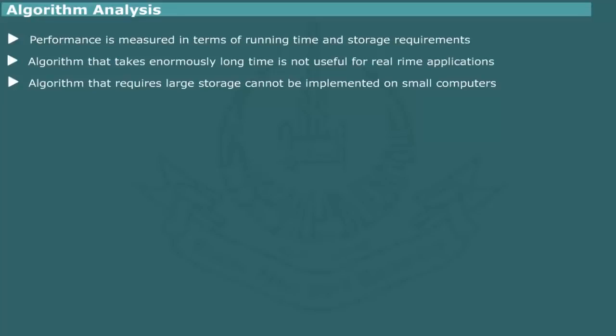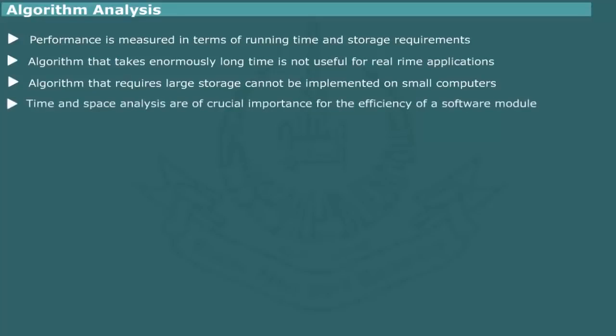Likewise, an algorithm whose storage requirement increases rapidly with the input size is not amenable to implementation on small computers. Furthermore, there may be trade-off between time and space requirements. Thus, both time and space analysis is of crucial importance in judging the efficiency of an algorithm.